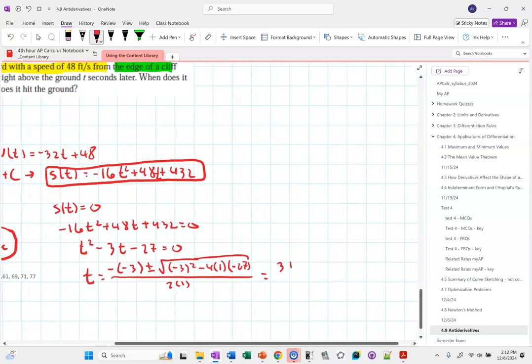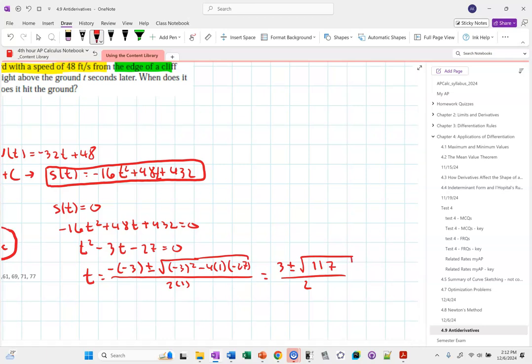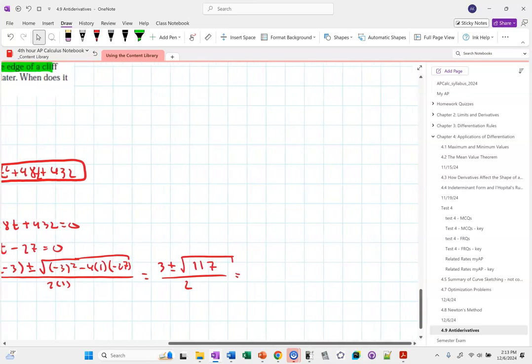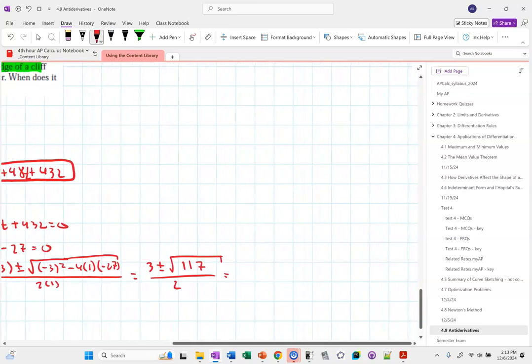We have 3 plus or minus the square root of 9 plus 108, which is 117, over 2. I guess that's divisible by 3, right? That's going to be 9 times 13, I think.